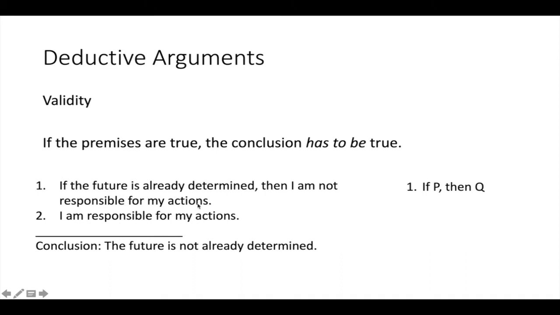Okay, so there's a double negative there. Really, we're saying it's not the case that I am not responsible for my actions. That's what I am responsible for my actions means. So when we symbolize this, we have to capture that correctly. If you just wrote Q here as premise 2, then over here it should say I am not responsible for my actions, because that is what Q stands for. But that's not what we have written over here as premise 2.